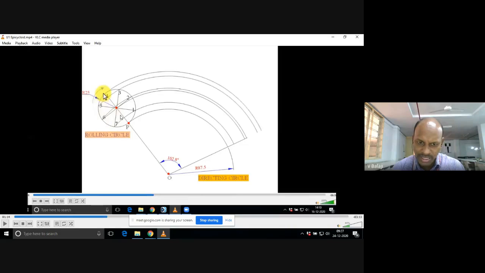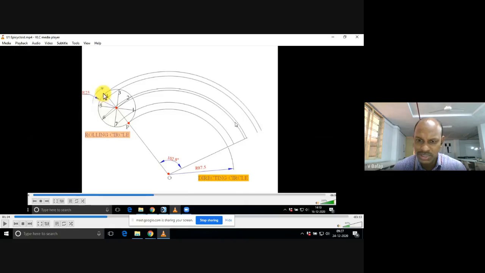Compared to the cycloid problem, the center line was passing through 2 and 6 only; there was no difference between the center line and the 2 6 line. But in this epicycloid, the center arc goes separately and the arc 2 6 also goes separately. There is a small gap that you need to understand.